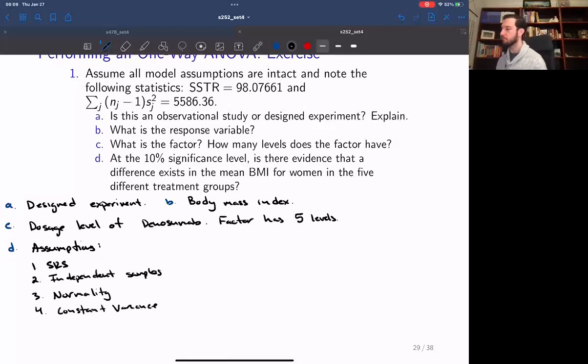All right, now we haven't actually looked in depth at how we can check these assumptions, but we'll go through them anyways, just for illustrative purposes.